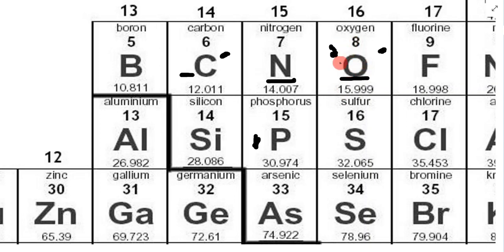First of all, you have the symbol, which is just O. Then you have a bigger number on the bottom and a smaller number on the top. The number on the top, this number 8 for example, is what's known as the atomic number, and the number on the bottom is what's known as the mass number.